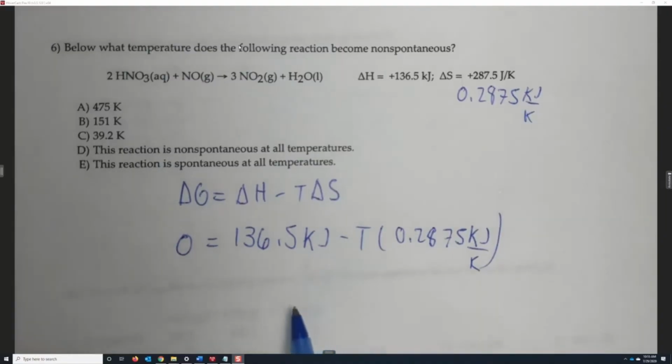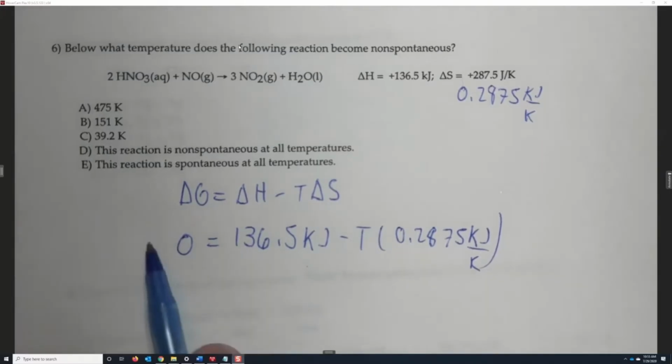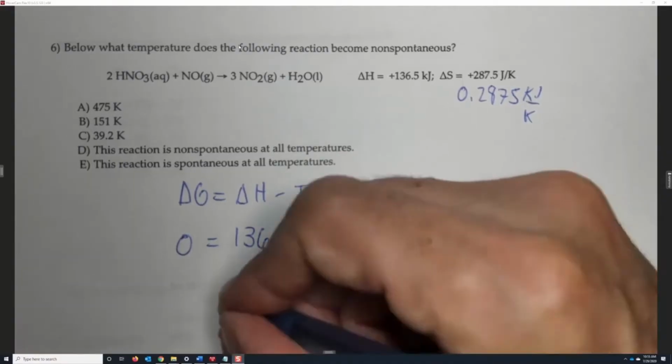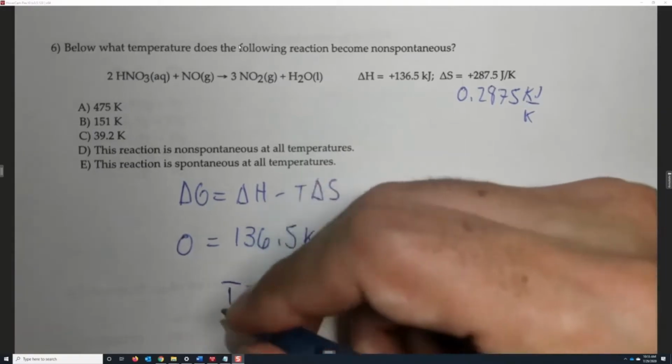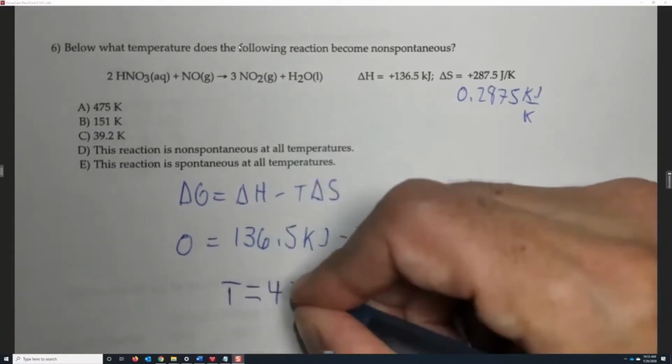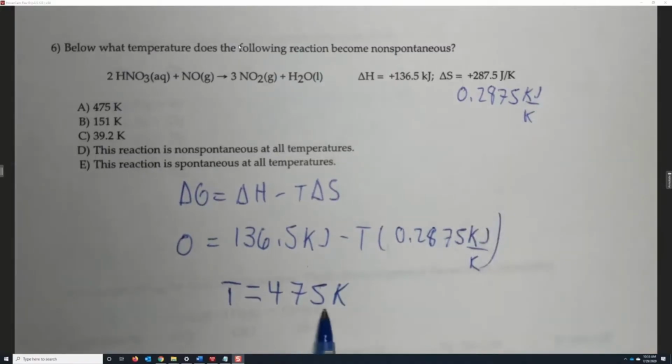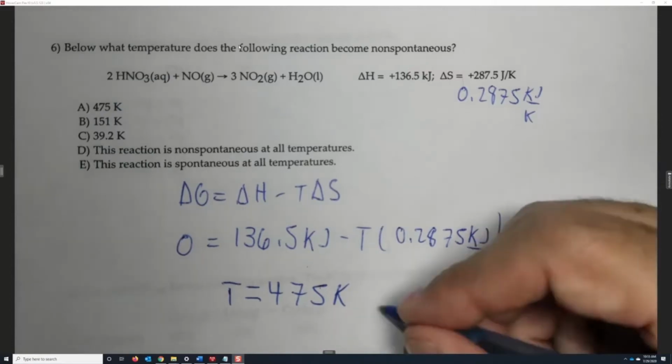What we want to do is take this, subtract it from both sides, and then divide by the negative of this. When we do that, T is equal to 475 K. So 475 K is the tipping point.